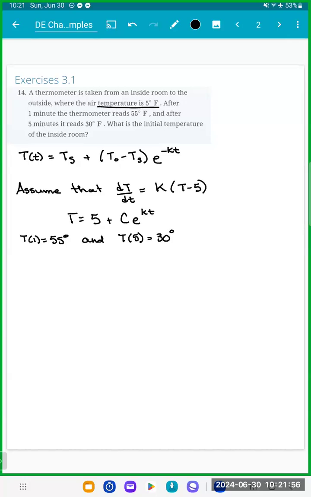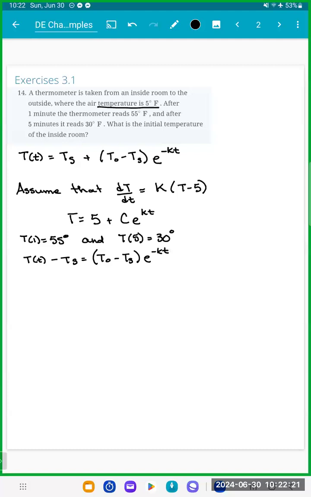So we can use our Newton's law of cooling, which is given up there at the beginning. We could rewrite this to be T of t minus Ts is equal to T0 minus Ts, e to the negative kt, okay?